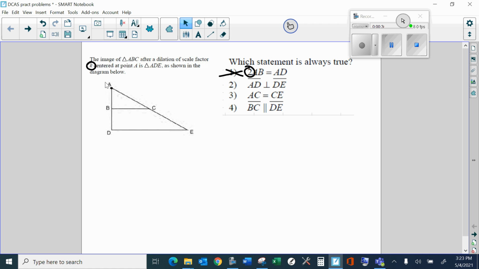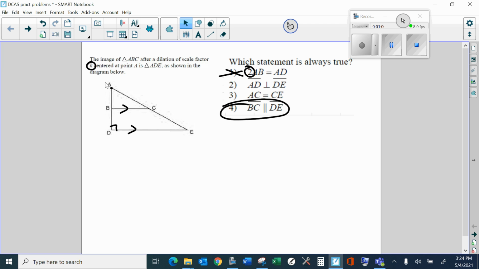The first two things we should be thinking about that are preserved in dilations are parallelism and angle measure, if we know the angle measure. So parallelism means this has to be parallel to this, which is what number 4 is saying. Notice on 2, it's saying AD is perpendicular to DE.